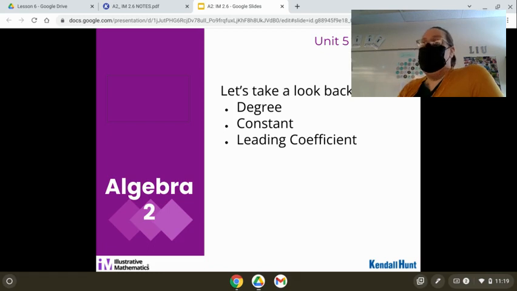What about the leading coefficient? What is the leading coefficient? Where do we find it? We actually don't know what it tells us specifically yet. We'll get into that, but what is the leading coefficient? What does that mean?